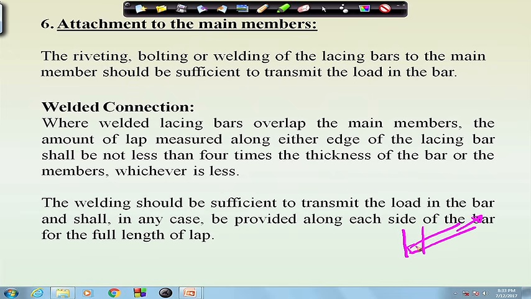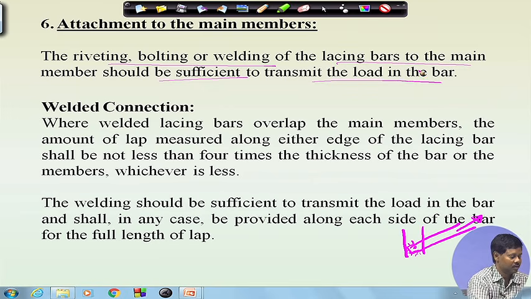Depending on that, the number of bolts will be decided, or if we use weld connection, the length and size of weld connection will be decided. So, the Codal provision says that the riveting, bolting or welding of the lacing bars to the main member should be sufficient to transmit the load in the bar.